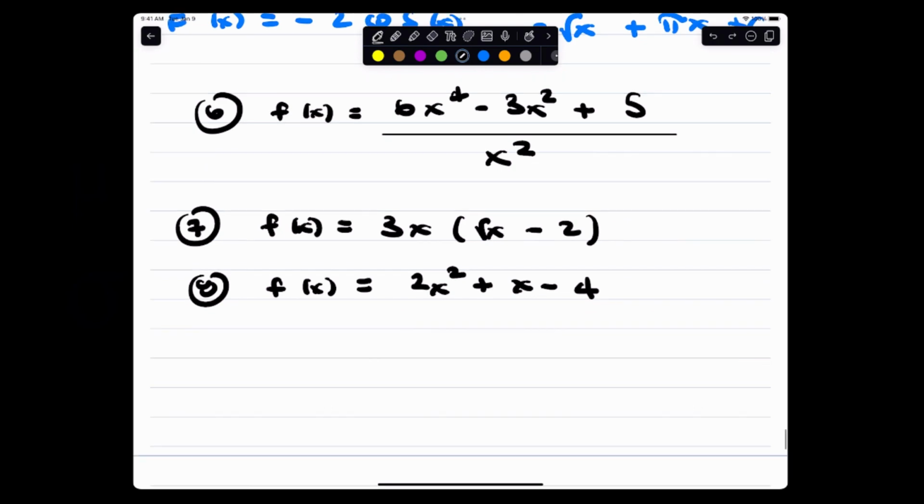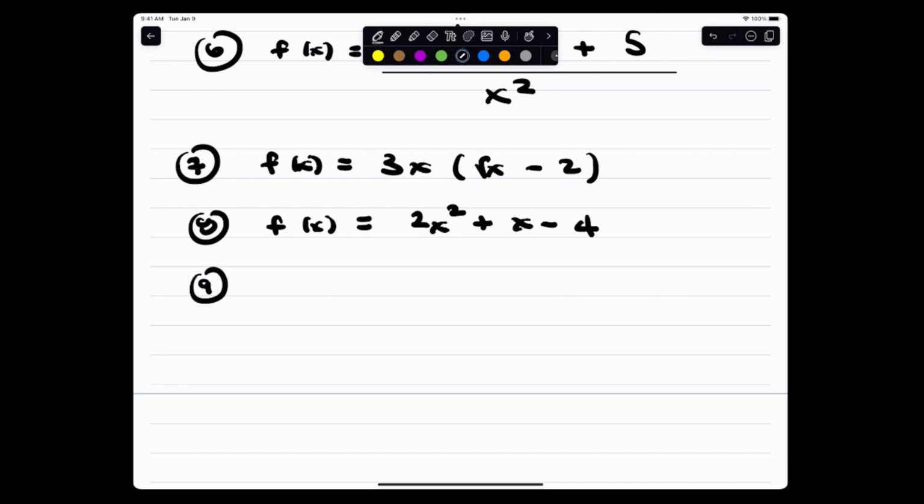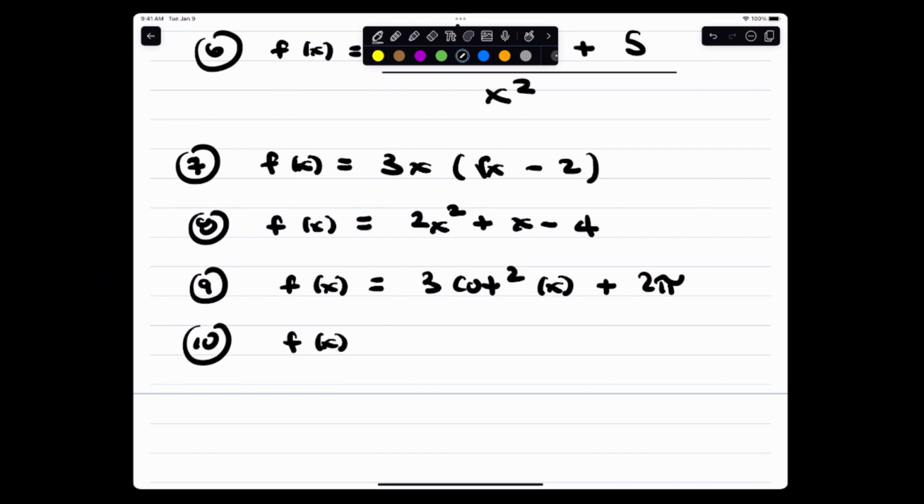How about this? 9, f of x will be 3 cotangent plus 2 pi, and 10, about pi cosecant cotangent plus 11.